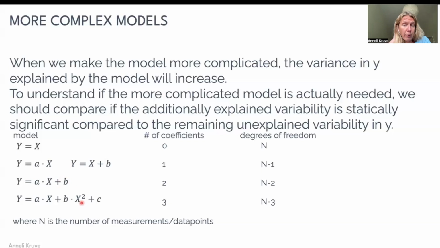And then we can also have the square terms with or without the intercept included. In these equations, there is a different number of coefficients that need to be fitted, and also the degrees of freedom are different. This also impacts how many data points are statistically needed to fit such an equation. So the fewer degrees of freedom, the more measurements are needed as a minimum.